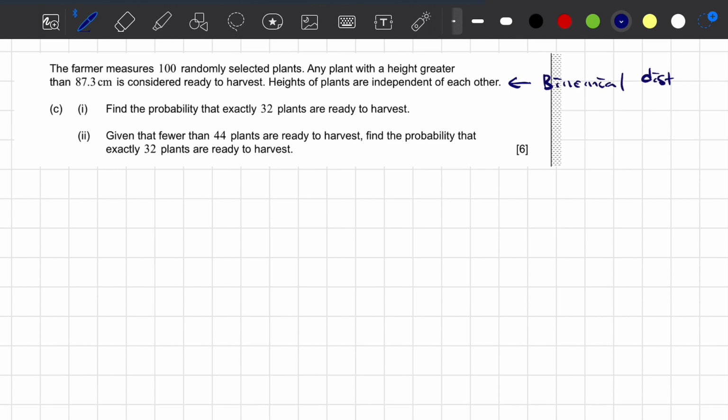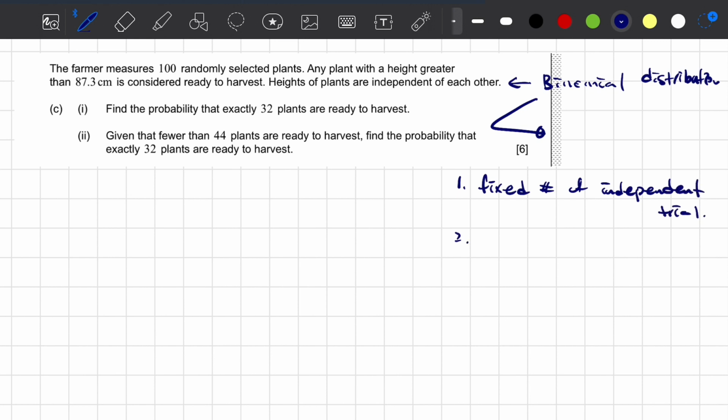So I think at this point we need to discuss how to identify the binomial distribution, right? So in a binomial distribution or any binomial probability experiment, one, we always have a fixed number of independent trials. Two, we always have two possible results, only two possible results.